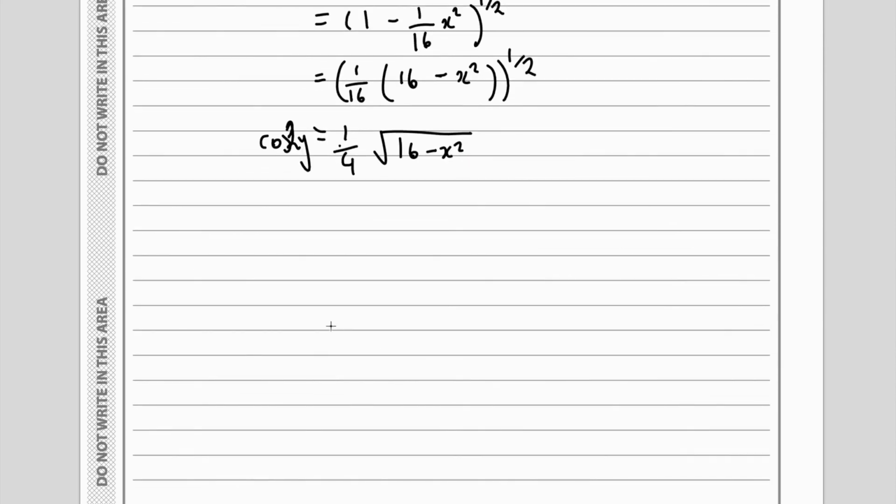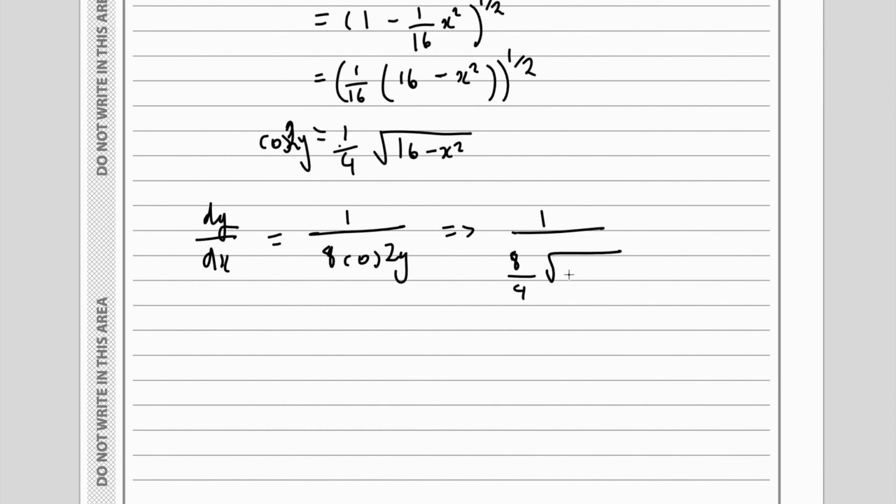Okay, and now using the fact that dy over dx is equal to 1 over 8 cos 2y, we now know that it's also going to equal 1 over 8 times a quarter, so 8 over 4. And we're not going to be using cos 2y here, we're going to be using the square root of 16 minus x squared that we worked out previously, and this here is equal to 1 over 2 root 16 minus x squared.